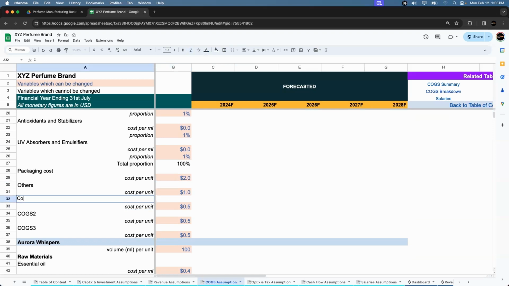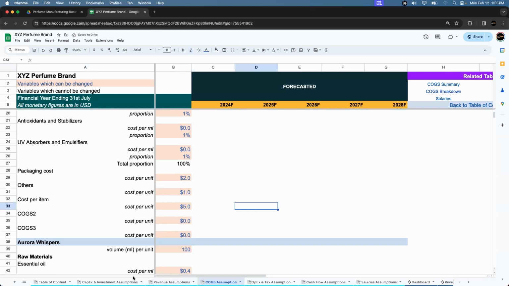So let's say I buy the perfume bottle, each bottle for a cost per item of, let's say, $5. On top of that, I have to pay $2 for packaging and $1 maybe for fulfillment or other stuff. You can just put it in here. Make this zero, make this zero.